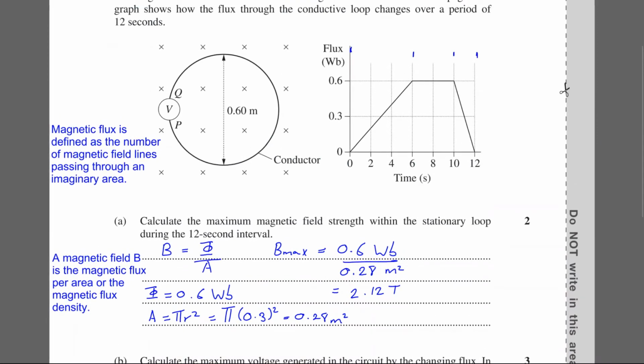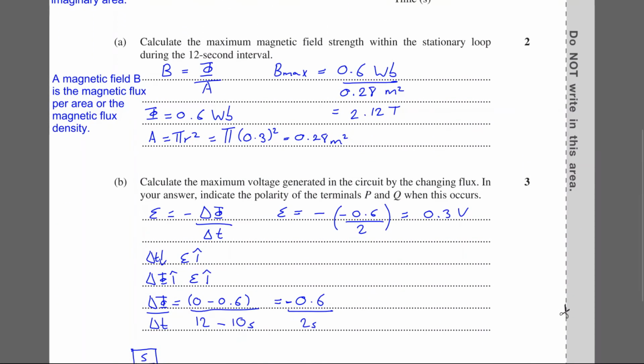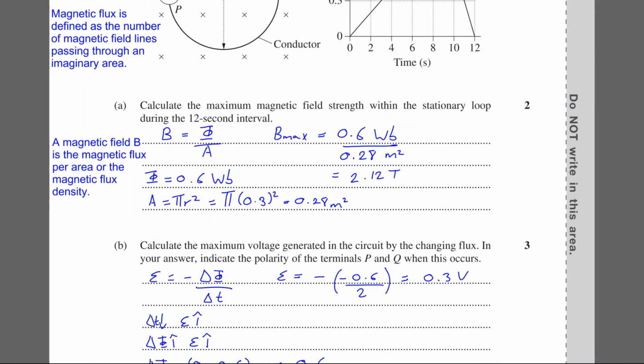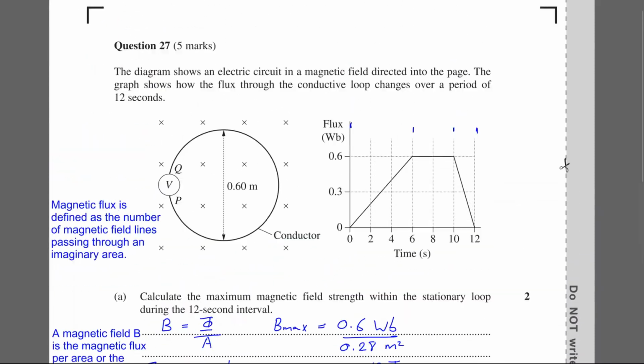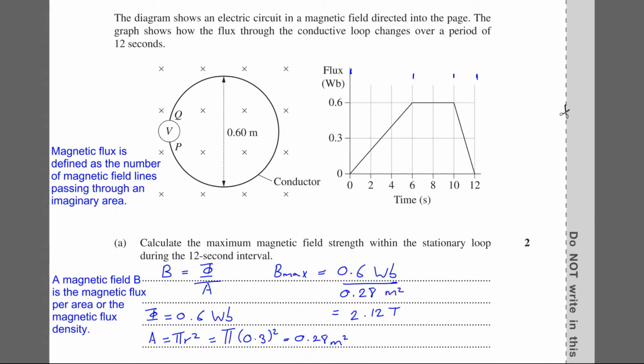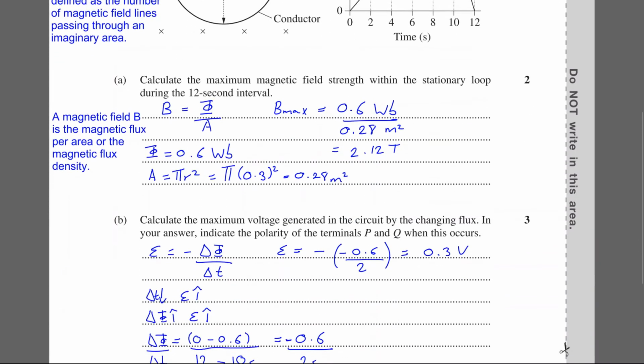Now, the second part of that question asks, indicate the polarity of the terminals P and Q when this occurs. And this is not a straightforward answer, and this is probably what makes up a large part of the marks in the question. Okay, so the first thing we note is that during the point of maximum EMF, the flux is decreasing.